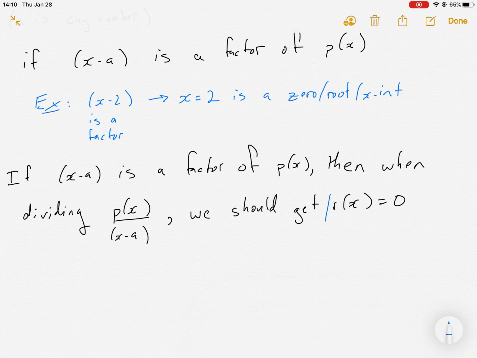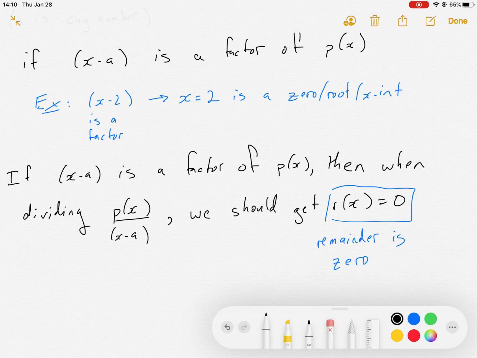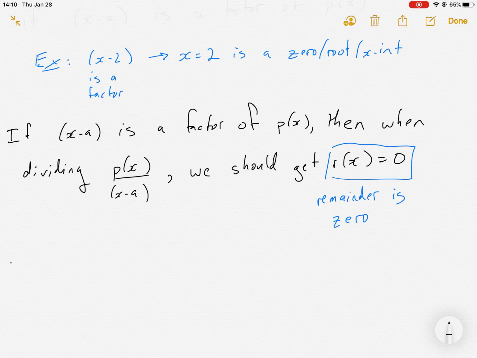So this is just saying that the remainder should be 0 when we divide them. And that tells me the final piece of information I want to give you here. Then we can rewrite p of x as q of x, whatever the quotient is, times x minus a.